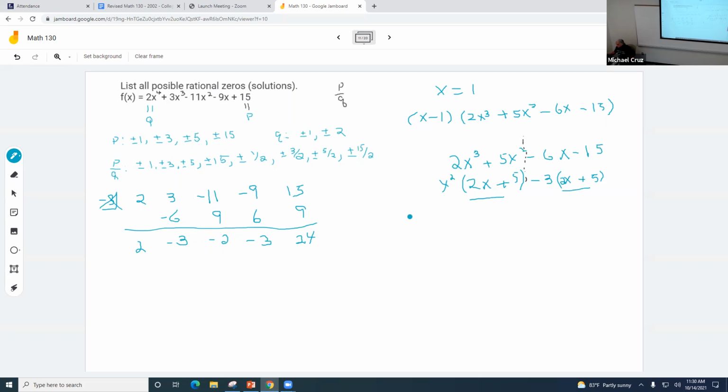Now, there's one drawback to this, but they just asked for the rational ones. So of those, actually 2 are irrational. Let me back up for those people that need to know about factor by grouping. Rather than repeat that same factor, we can write it like this.